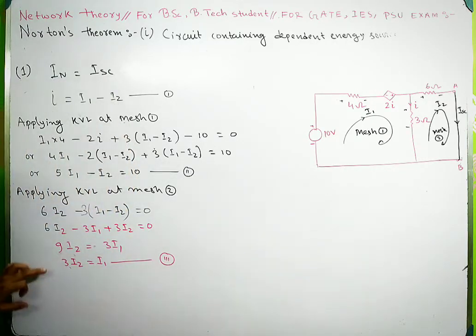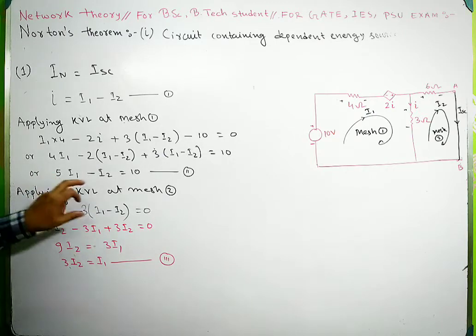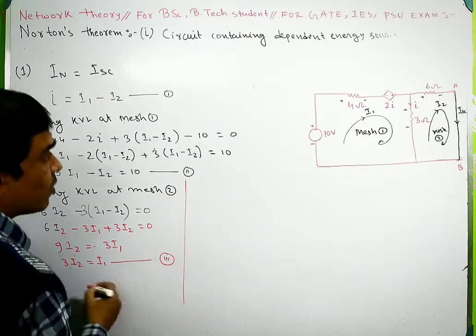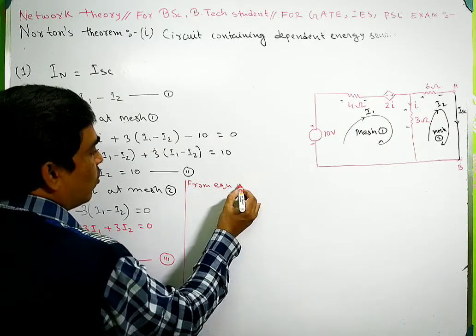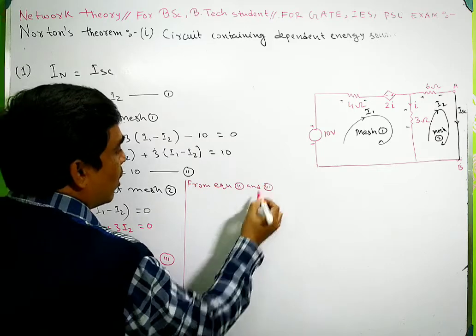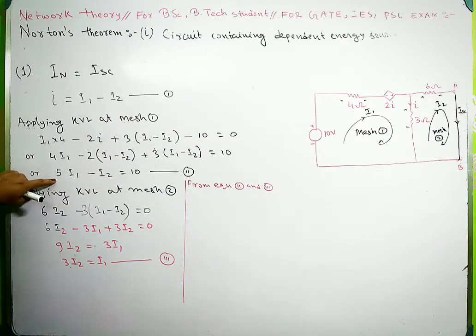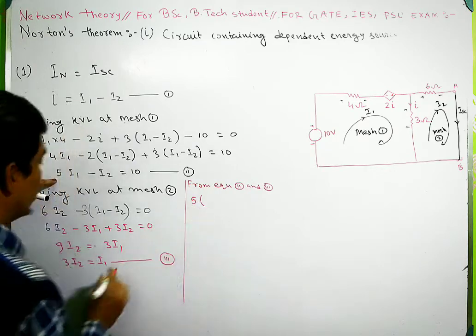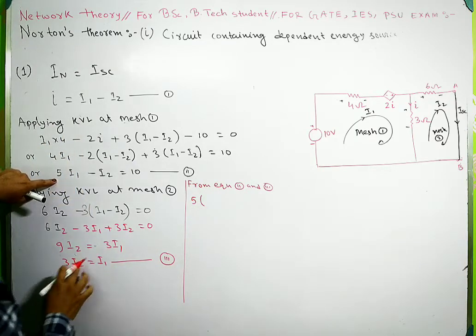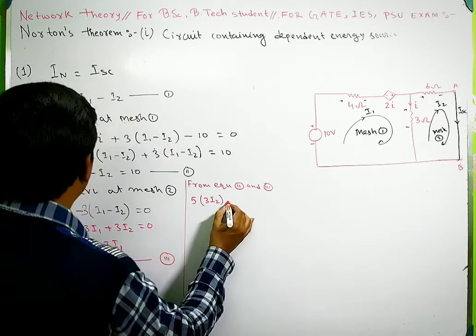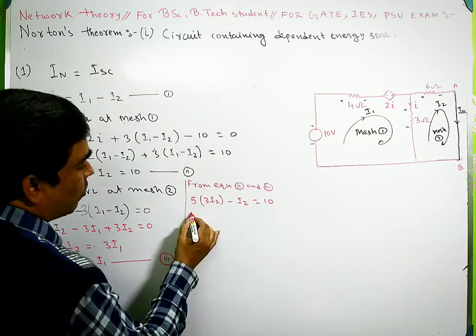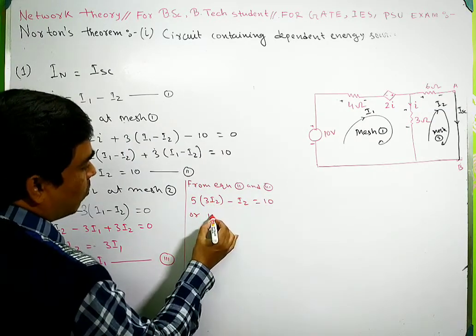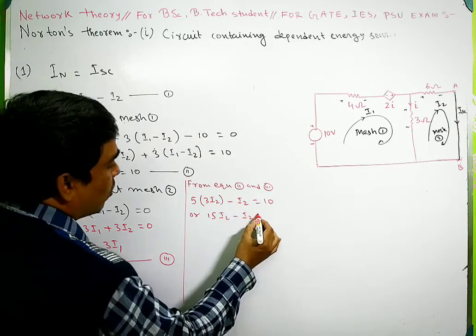Okay, so if you solve these two equations 2 and 3, we can write that 5 into I1 means 5 into 3I2, so 15I2 minus I2 equals 10.